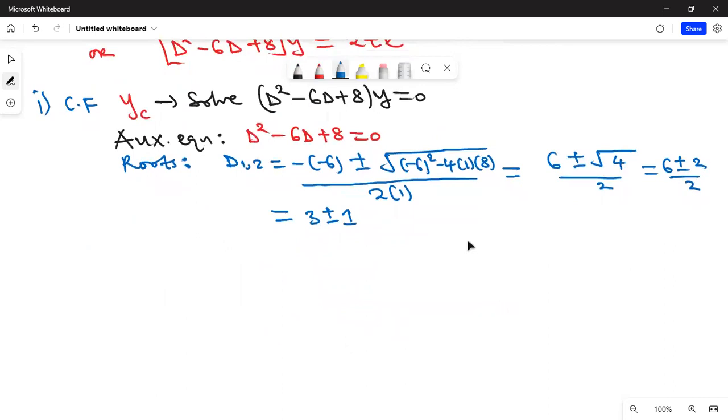So therefore our D1 is equal to 3 plus 1, which is 4, and our D2 is equal to 3 minus 1, which is 2. These roots are real and distinct.